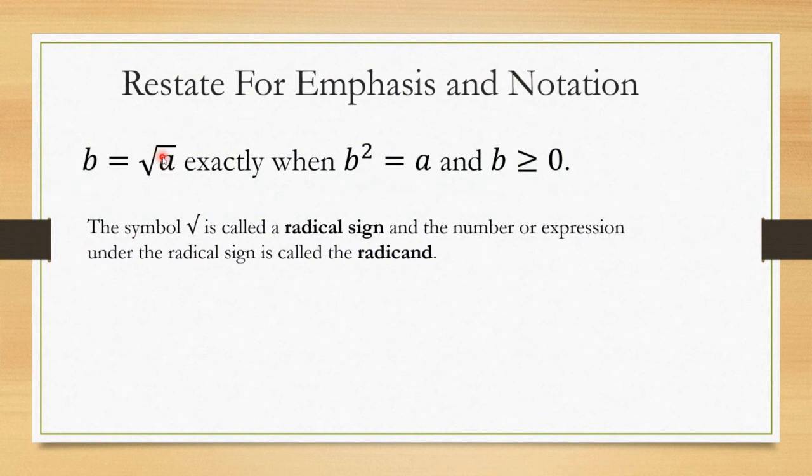We call that the radicand. So the square root symbol is a radical sign, and what you take the square root of is the radicand. So that's what this is equal to. It's just notation that people use.